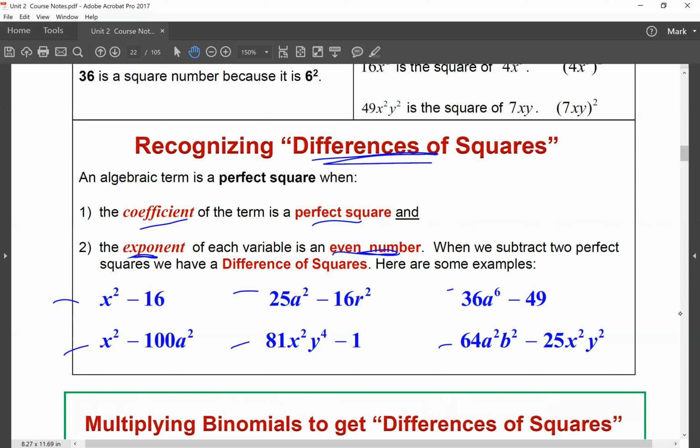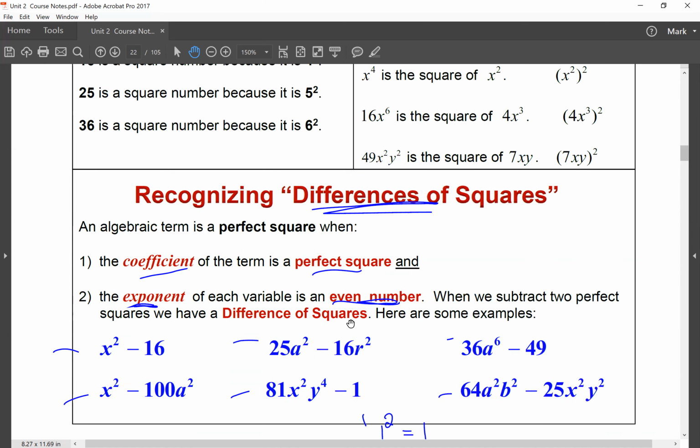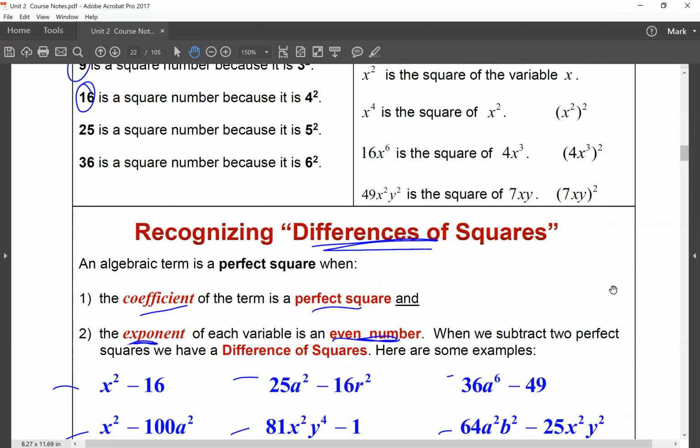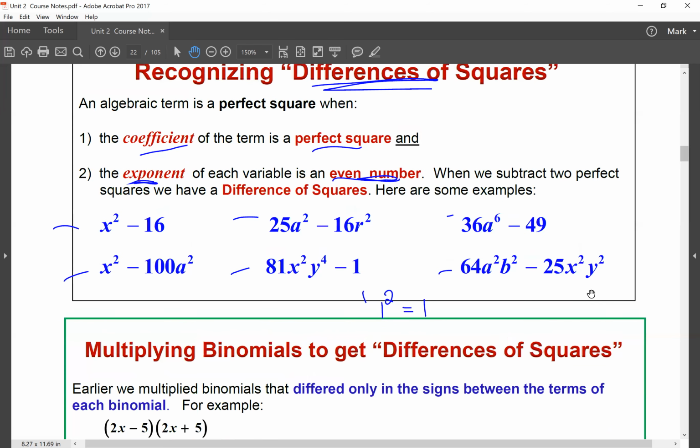One interesting one here is 81x squared y to the 4 minus 1. 1 is a perfect square, right? 1 times 1 is 1. It doesn't look like 9 or 16, but it is. 2 times 2 is 4, 3 times 3 is 9, but 1 is a perfect square.